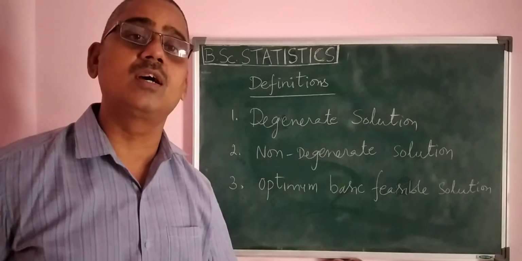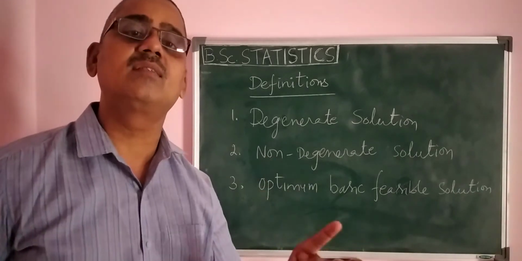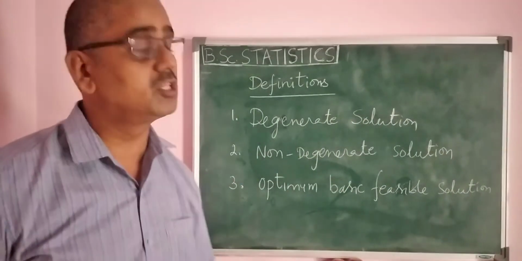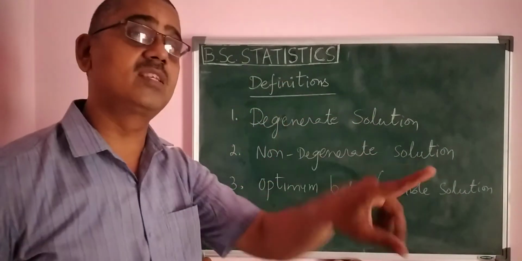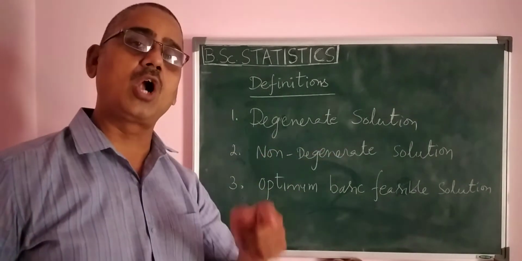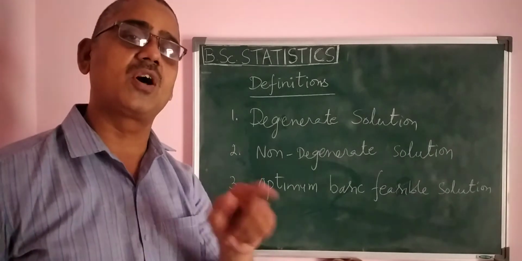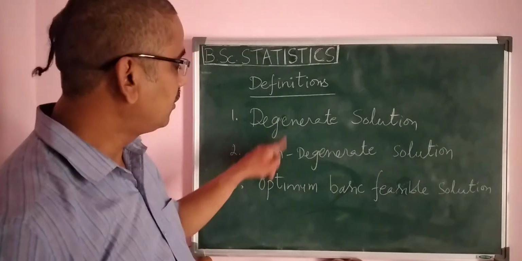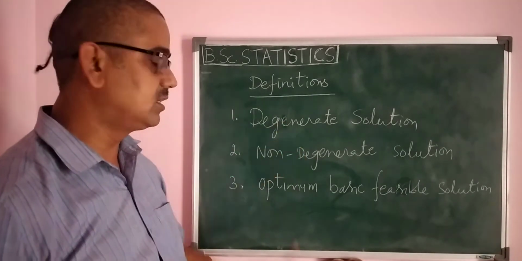Then it is called non-degenerate basic feasible solution, or non-degenerate solution simply. Right? So these are the first one, second one: degenerate, non-degenerate.